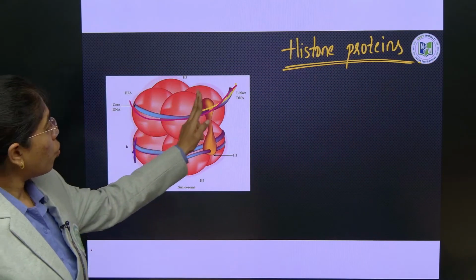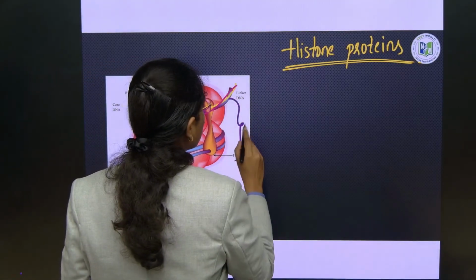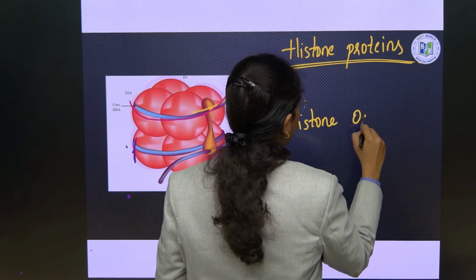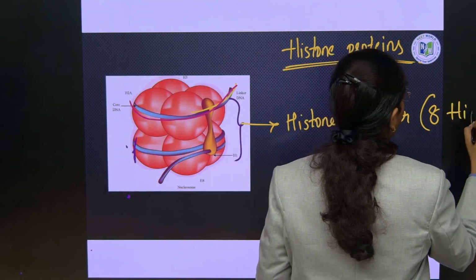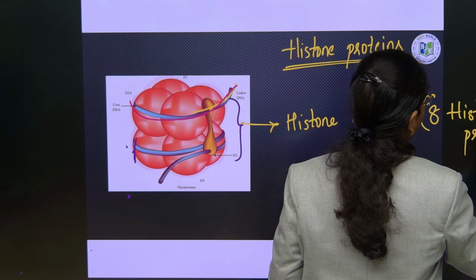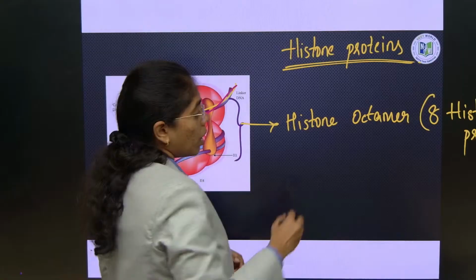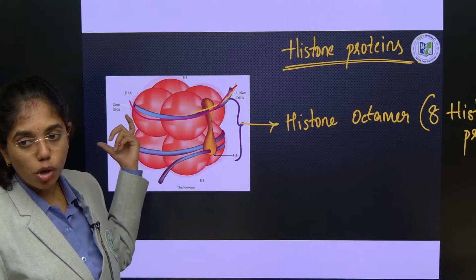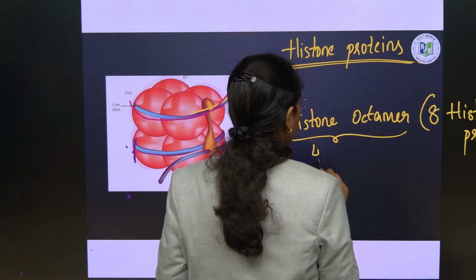One complete DNA stretch is wrapped around a histone octamer, which has 8 histone proteins. You have 2 sets of histone proteins, and the total number of histone proteins is 8. How many types? 4 types of histone proteins are present.